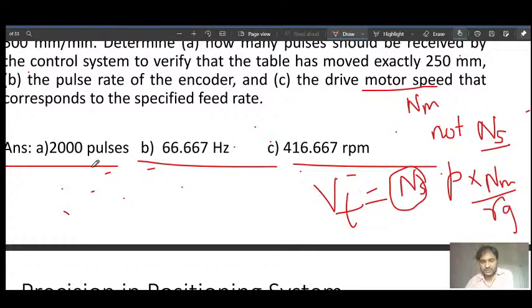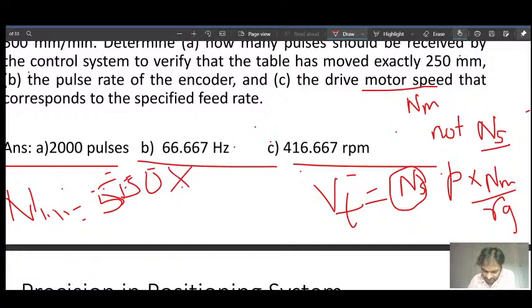So here we will have Nm is equal to Vt is given 500, multiply with Rg value, it is 5, let me check, 5, I remember 5, and then divide by P value 6.